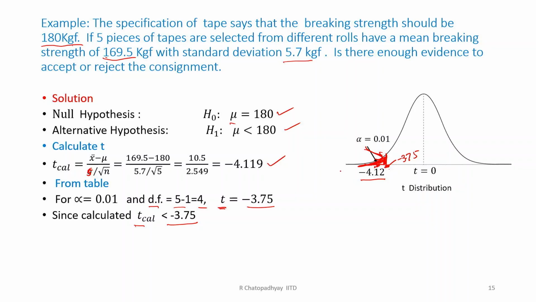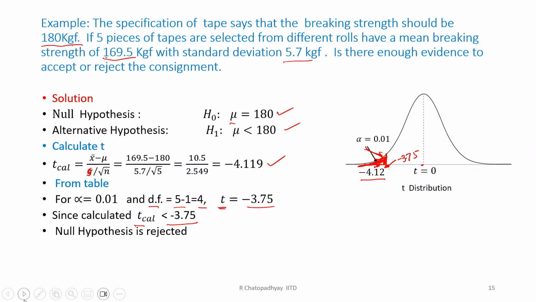So it is far away from the mean, and therefore the conclusion will be that the null hypothesis is rejected. The null hypothesis is to be rejected in this case.